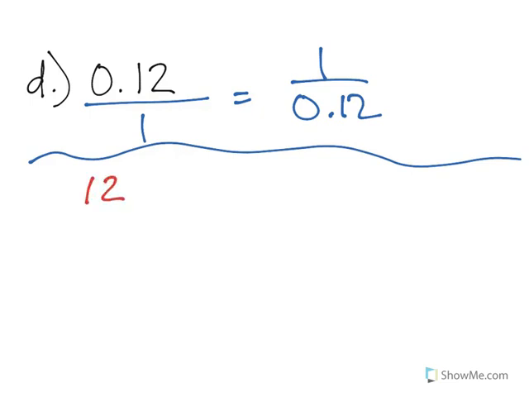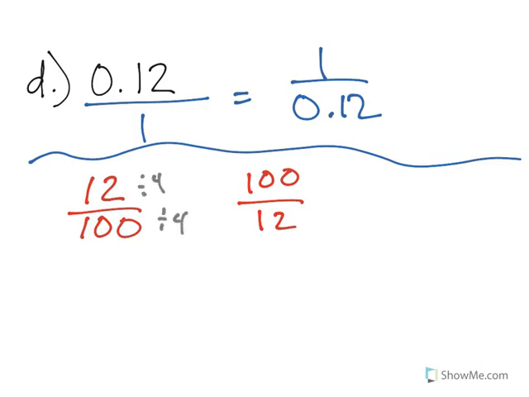But let's look at 0.12. 12/100ths is the same as 12 over 100. Well, then I can flip that, and the reciprocal would be 100 over 12. You might also say, well, hey, 12 over 100, those are both reducible by 4. You'd be correct. So if I reduce 12 over 100, I get 3 over 25, which has a reciprocal of 25/3.